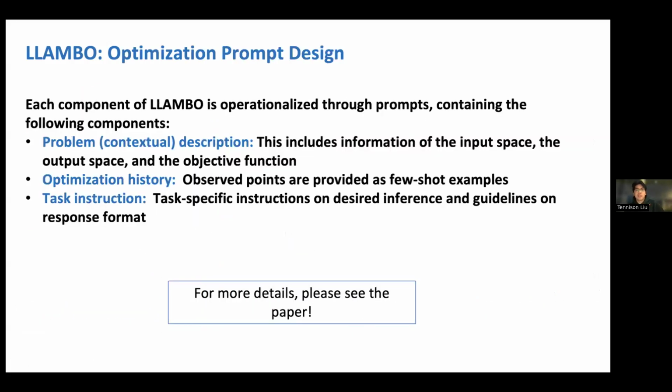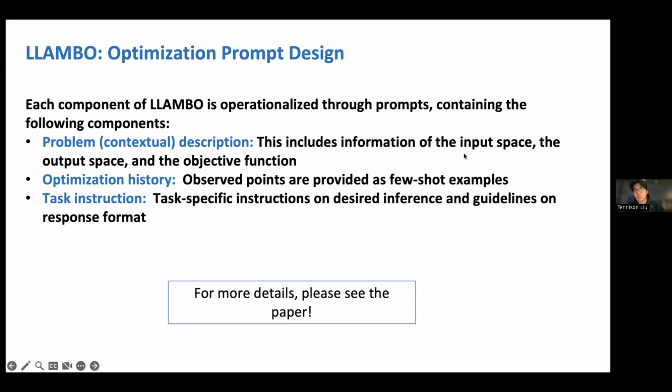And most of these are implemented through prompts. The core function is implemented through prompts, and the prompts generally contain a few key components. But the details will vary, so I would recommend looking at the full prompts that we have in the paper. One of which is the contextual description.